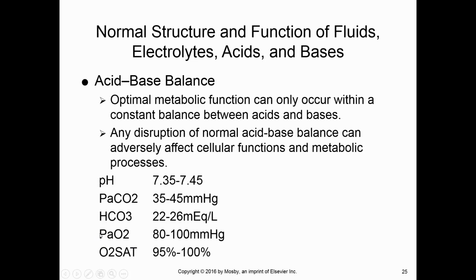PaO2 is the oxygen content in the blood. 80 to 100 is normal. And then the O2 sat is the amount of hemoglobin saturated with oxygen. Okay? All right, so you got to know these values.